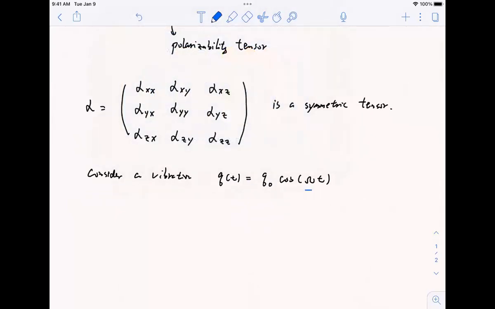Here, this is the vibration frequency, this is the normal mode displacement of the normal mode, and this will be the magnitude.